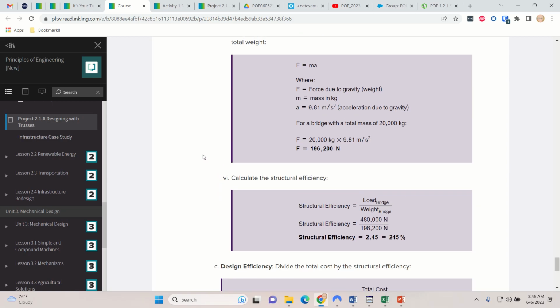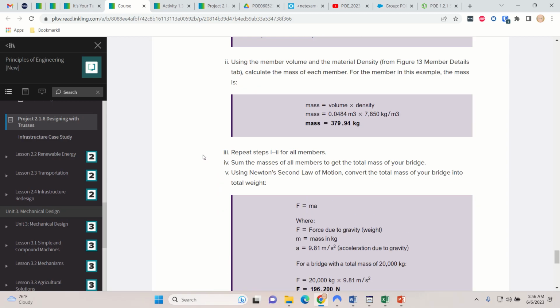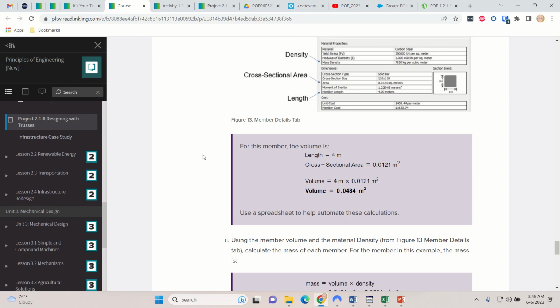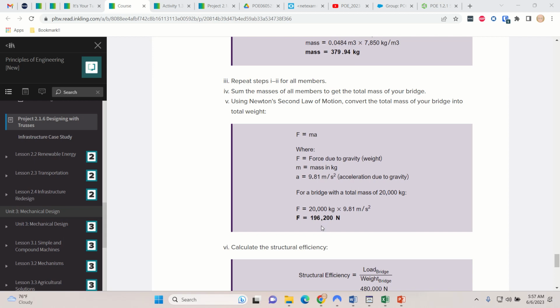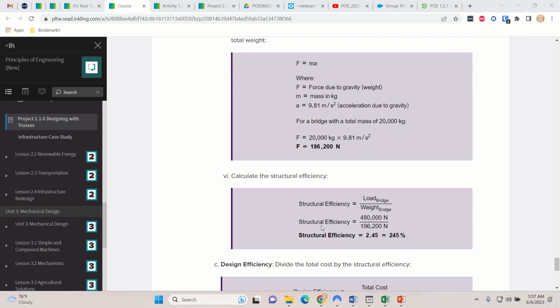I needed to convert my mass to force and then find the efficiency load of the bridge. So first we'll do that.